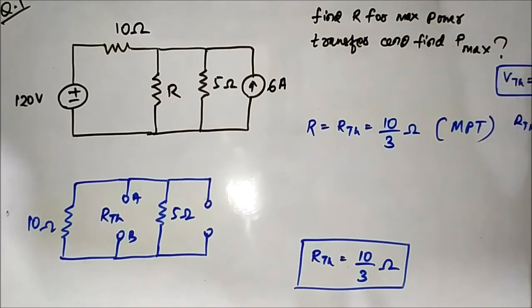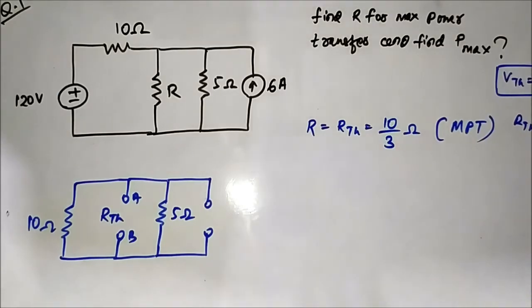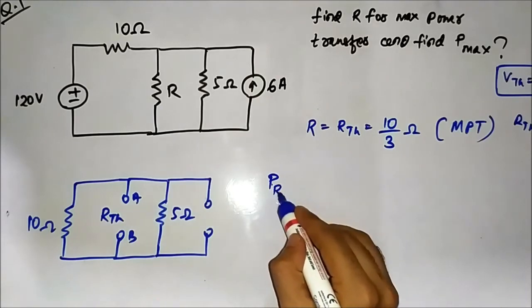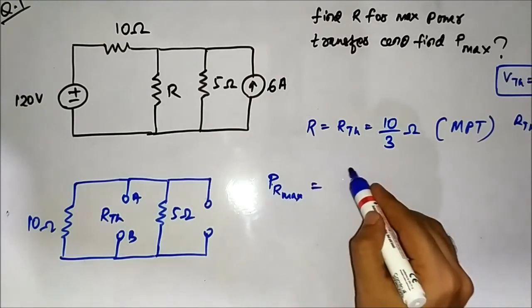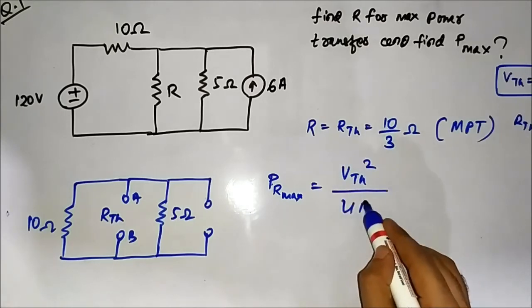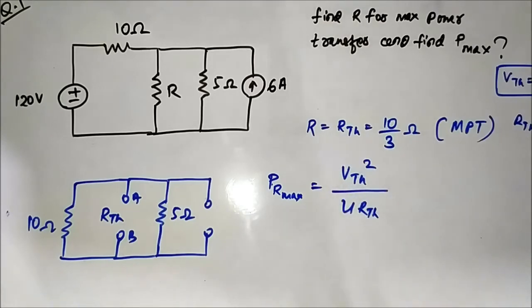RTH is 10 by 3 ohm. Now the maximum power transfer that will happen to this unknown resistor R is equal to VTH square by 4 RTH, which we have already derived.